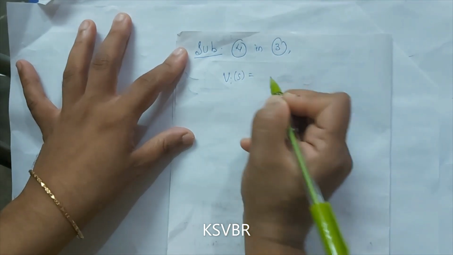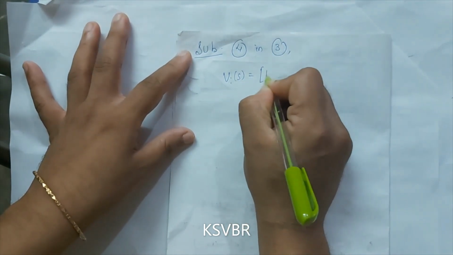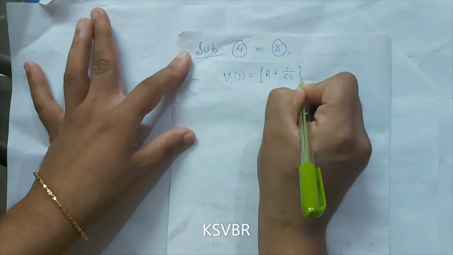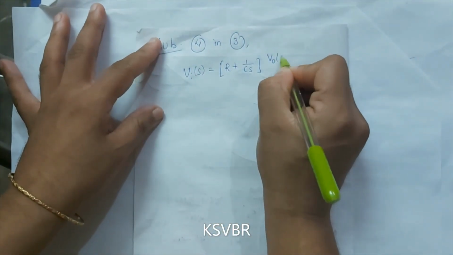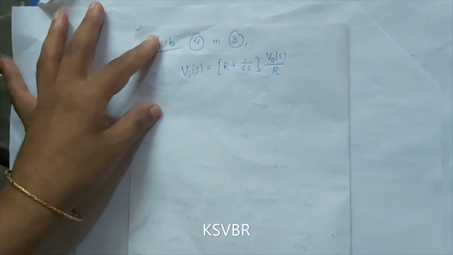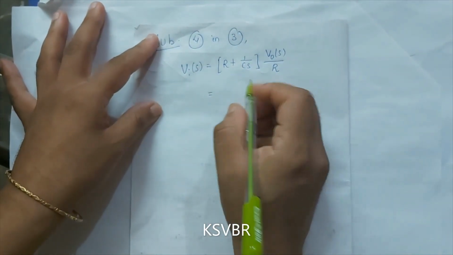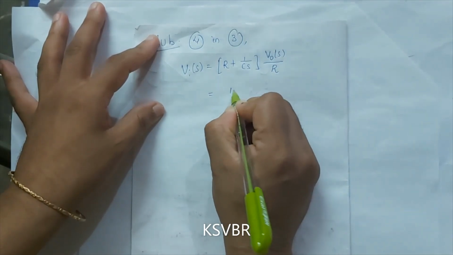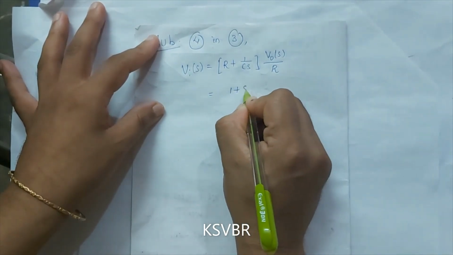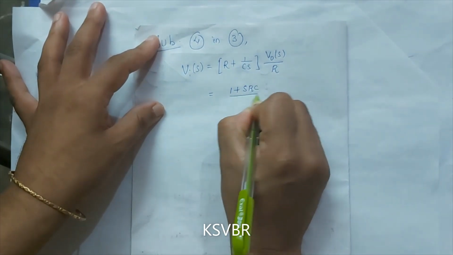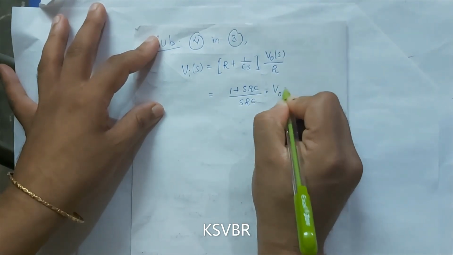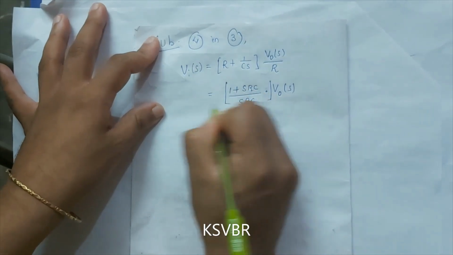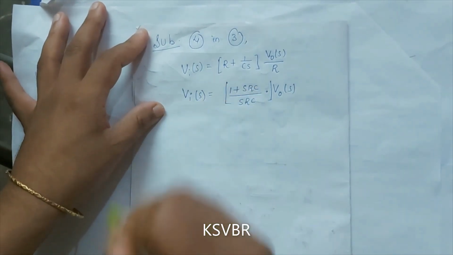V input of S is equal to R plus 1 by Cs into I of S, which is equal to V naught of S by R. That I am going to substitute, V naught of S by R. Okay, so now 1 plus SRC divided by SRC into V naught of S is equal to V input of S.